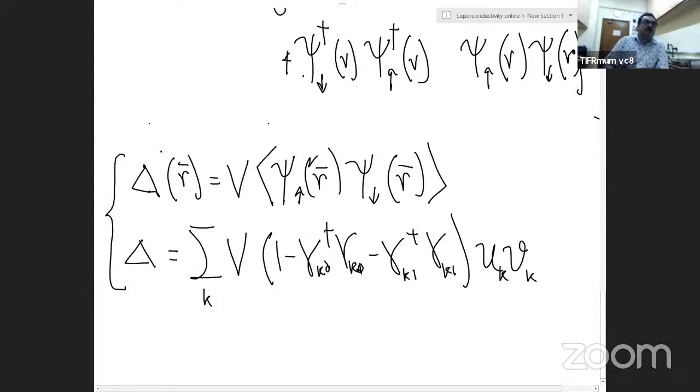Show that these two are the same, except that now you know that uk and vk are both position dependent. So therefore, this delta R will become position dependent.